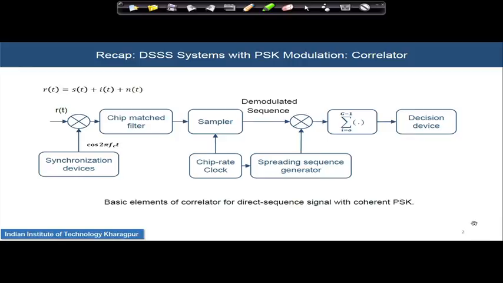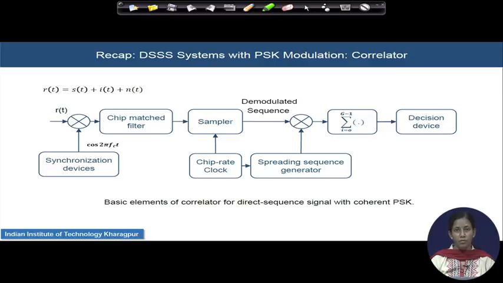Let us refer to this known block diagram of a matched filter based receiver architecture for direct sequence spread spectrum communication. We have referred to this block diagram earlier also.